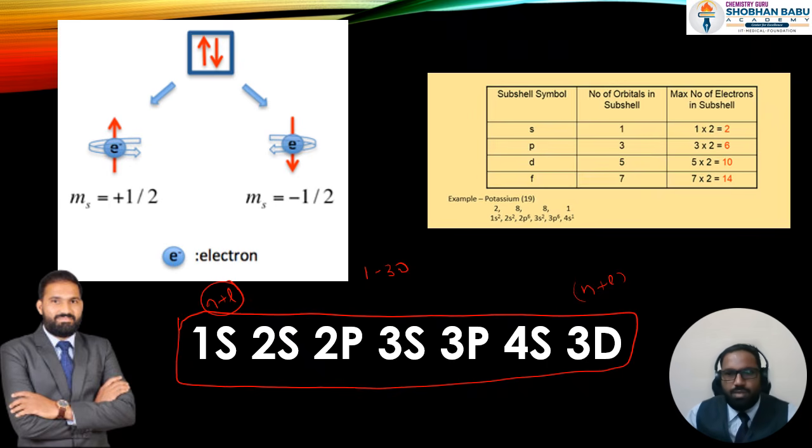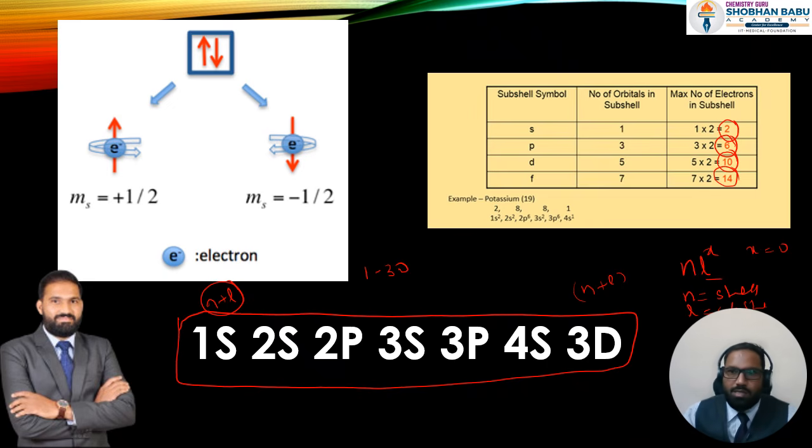As a simple example, we write nl to the power x. Here n indicates the shell number, L indicates the subshell, and x indicates the number of electrons. To remember: s capacity is 2, p capacity is 6, d capacity is 10, and f capacity is 14.